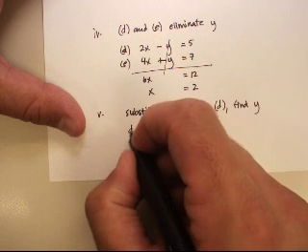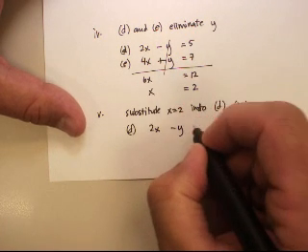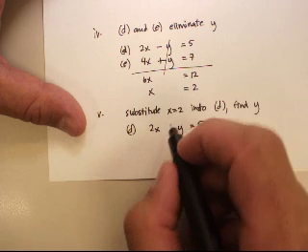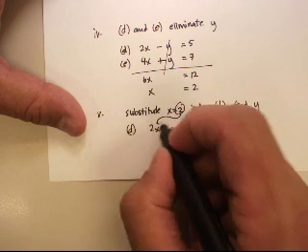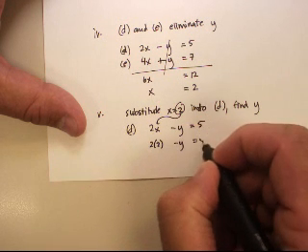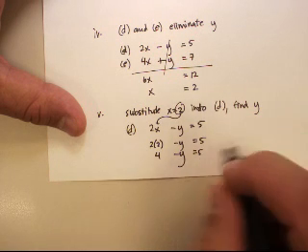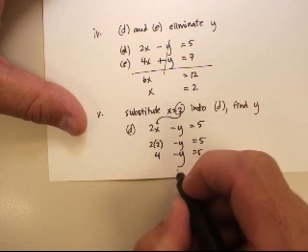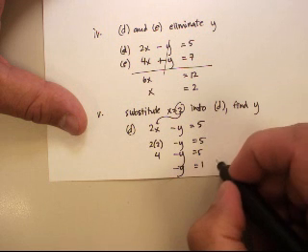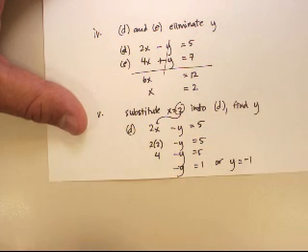Remember that the D equation is 2x minus y is equal to 5. I'm going to substitute 2 into there. So I get 2 times 2 minus y is 5. 4 minus y is 5. Let's subtract 4. Negative y is equal to 1, or positive y is equal to negative 1.